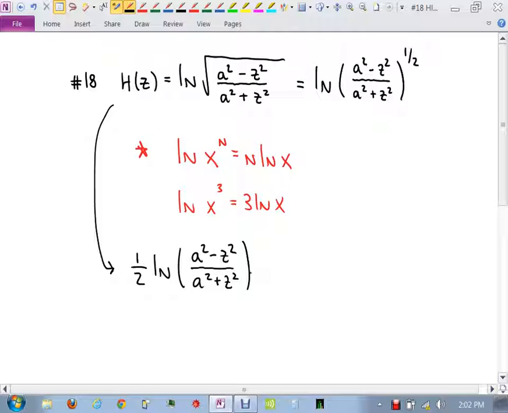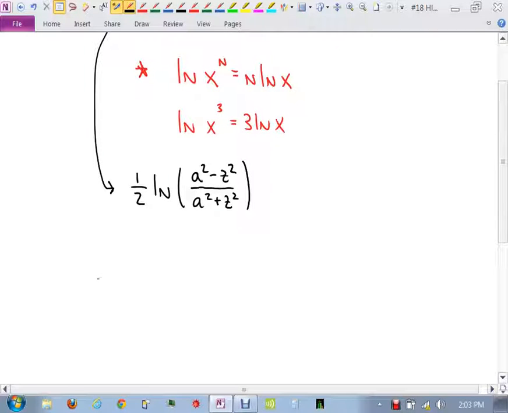It's really a 1/2 sitting out in front, which is really, really good. Okay, I think now I'm ready for the derivative. The derivative, h prime of z, will be equal to, well, the 1/2 is a constant, so I'm just going to leave it 1/2, times, what's the derivative of natural log of some junk? 1 over the junk, right? 1 over that junk.